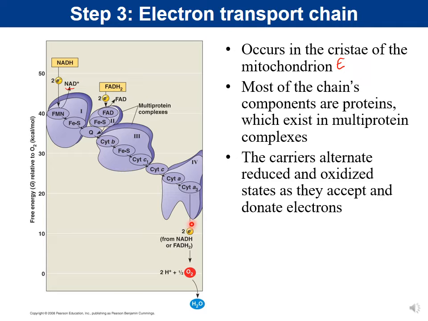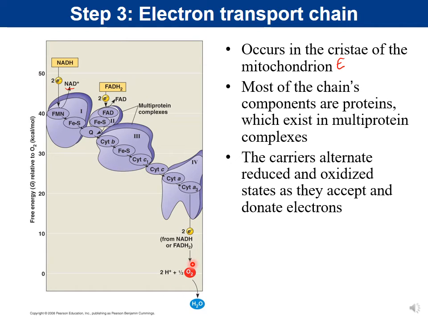When it takes the electrons, O2 is going to become reduced, right? It gained electrons and it gained hydrogens and it formed water. So the water that we get in cellular respiration comes from O2 being reduced. O2 is going to gain electrons and hydrogens, and it's going to form water.